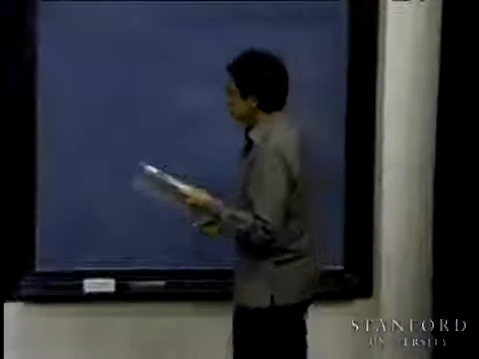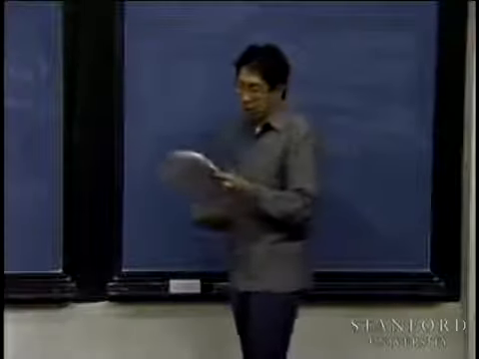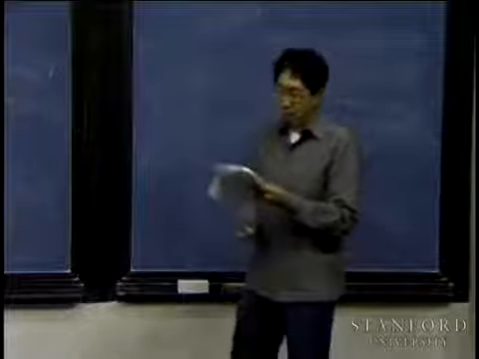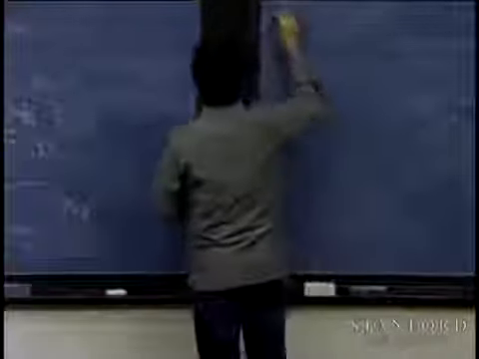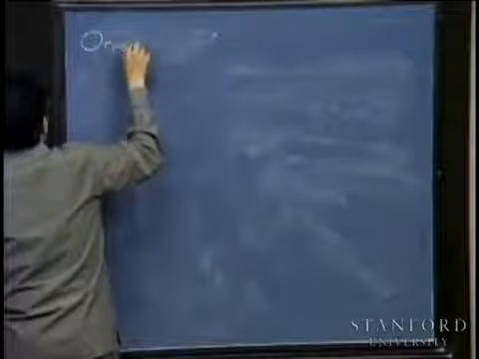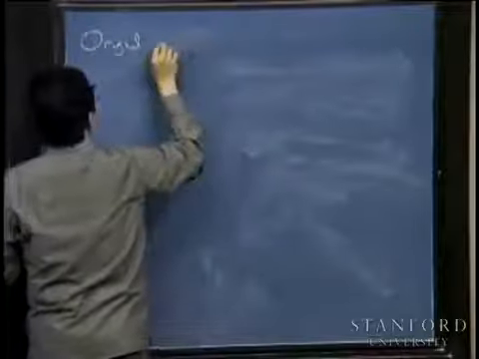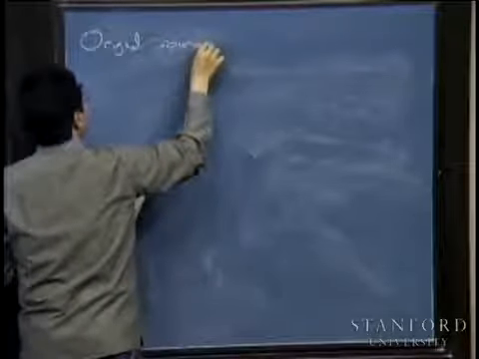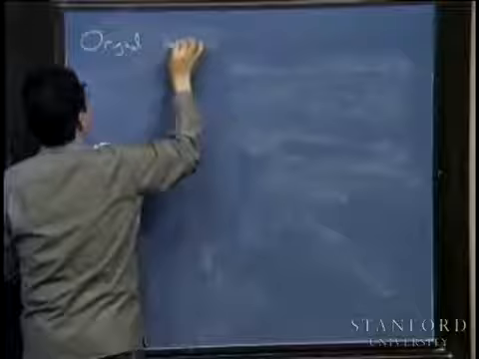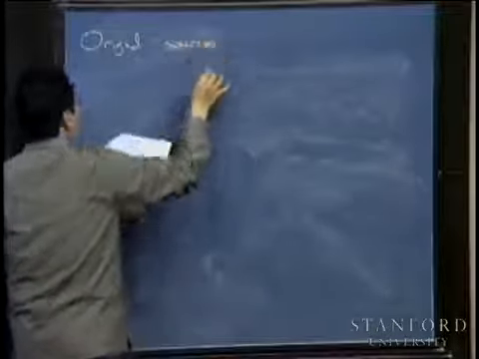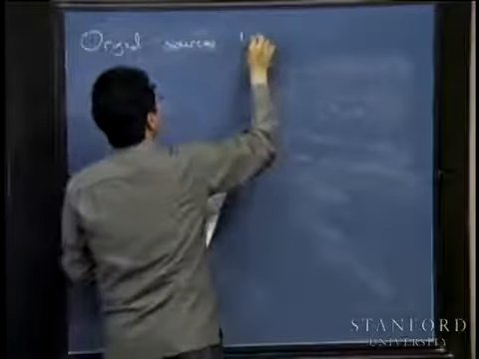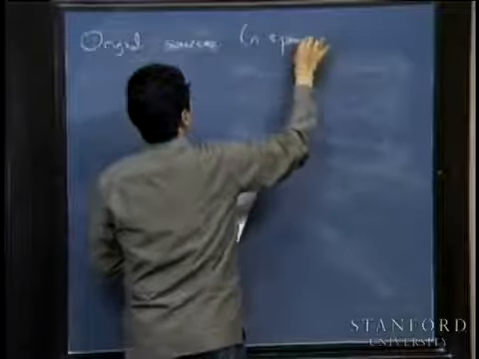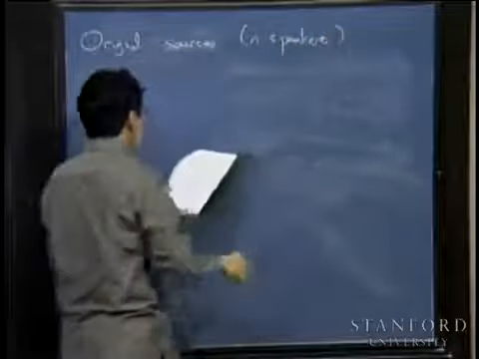So let's start to derive our ICA, or independent component analysis, algorithm. Let's assume that the data comes from n original sources. So let's say there are n speakers at a cocktail party.